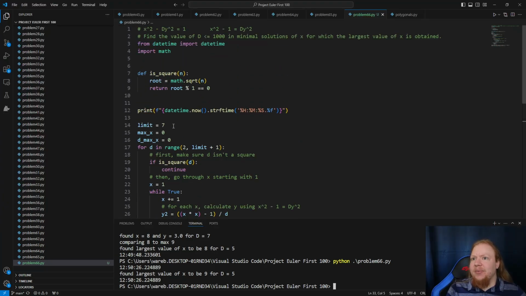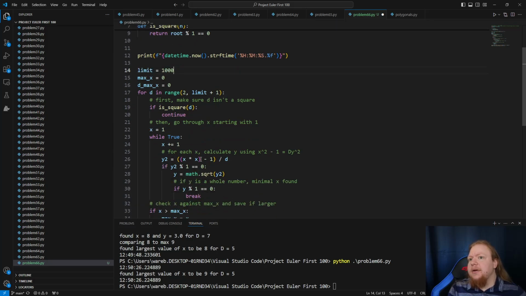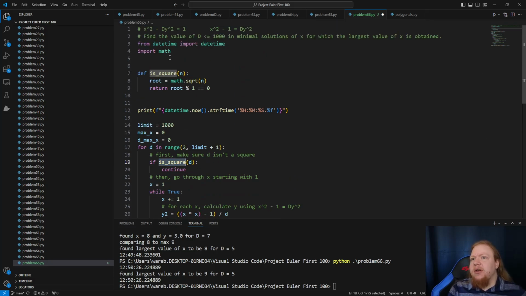Now go to our limit of 1,000. And this should go through very, very quickly. Instead of wanting to use this is square function, I'm just going to inline this.